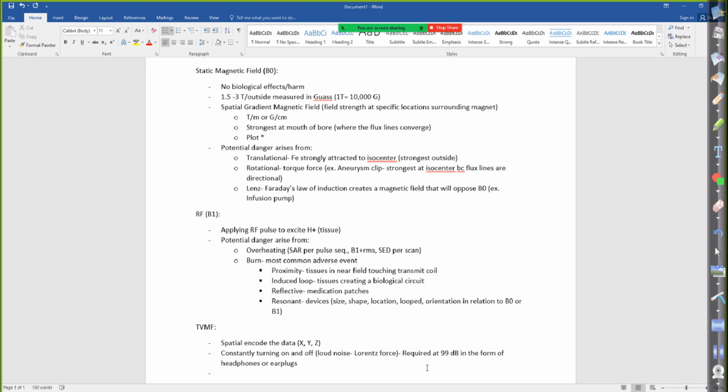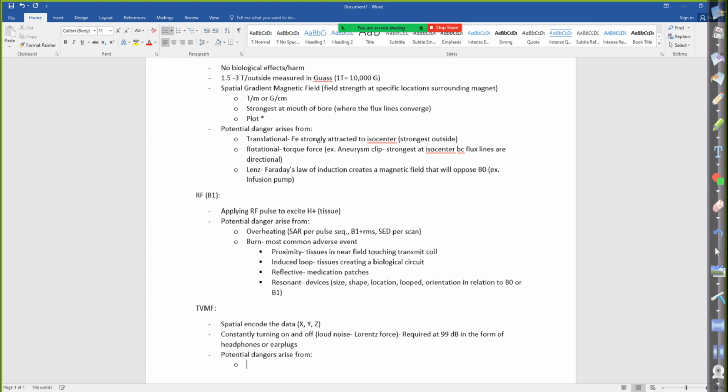Okay, so that's a concern. But then, let's say potential dangers from this magnetic field arise from what? We have a constantly changing magnetic field.